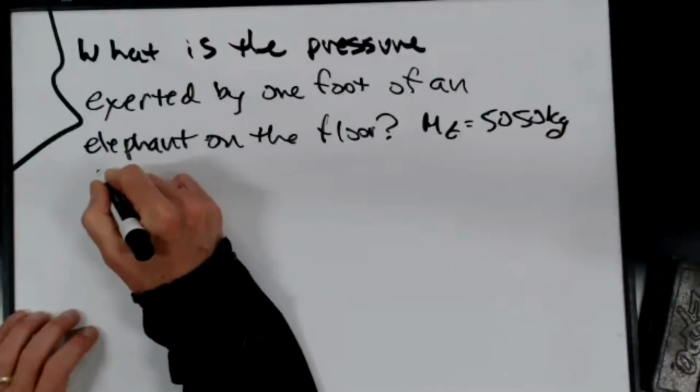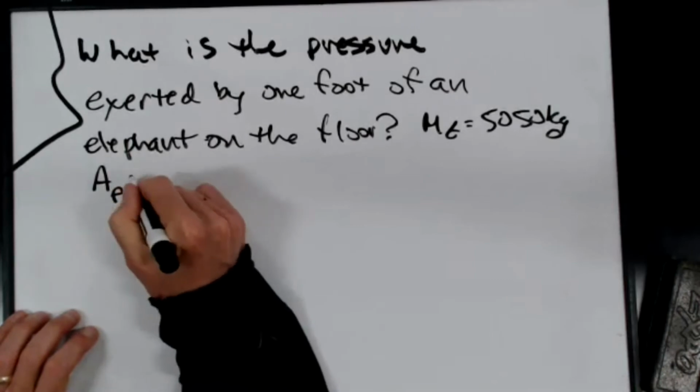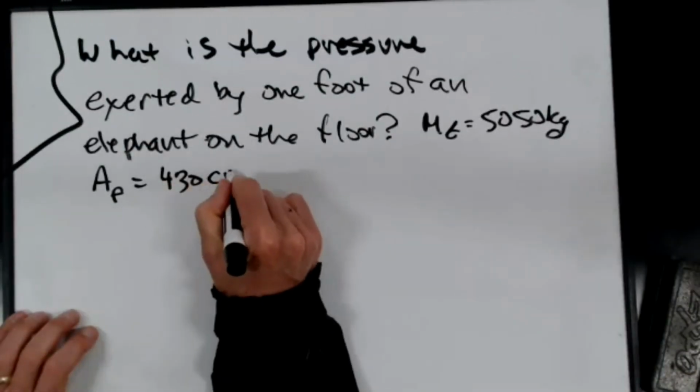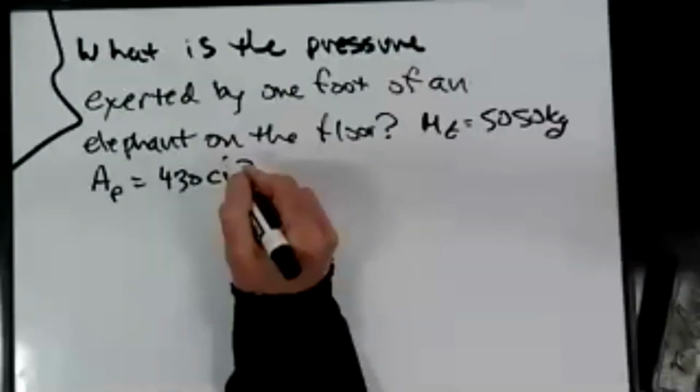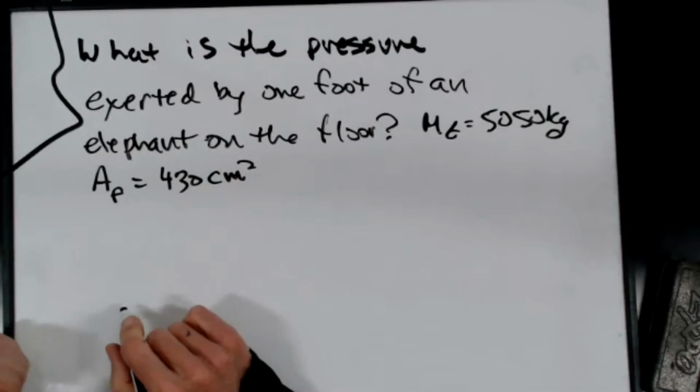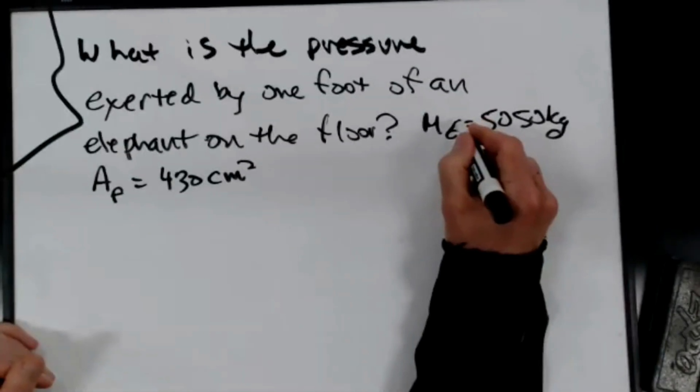The area of a foot is 430 centimeters squared. Right. And so what's the relationship among these things? Do you know?